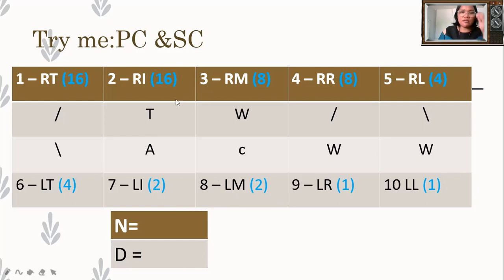So in the secondary, you will just have T over A. So this is also a small letter group because this is radial. So RT, magkatabi yan. And in here, this is also a radial loop since it is at the left. So R will be written here. So that is how you simply obtain the primary and secondary classification.